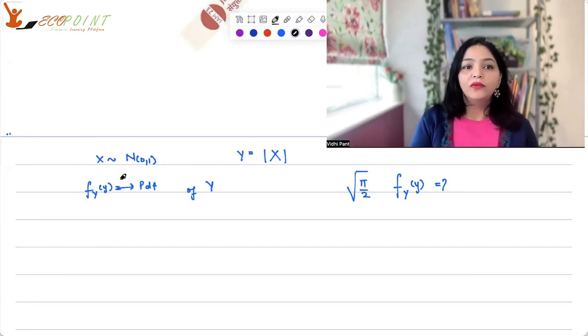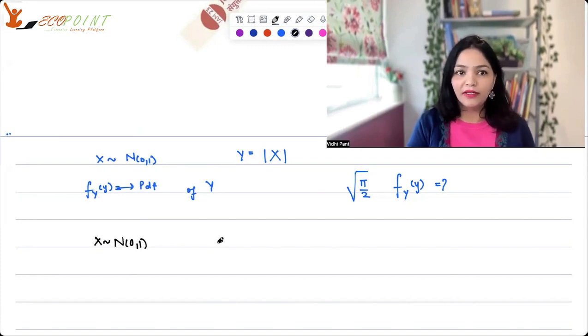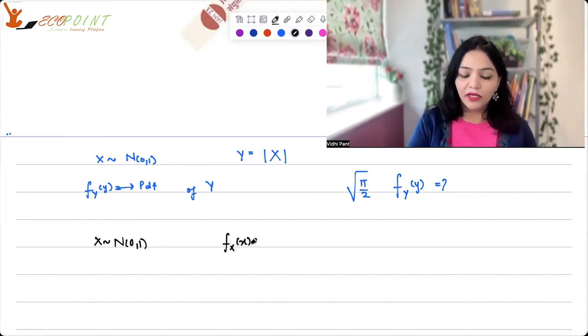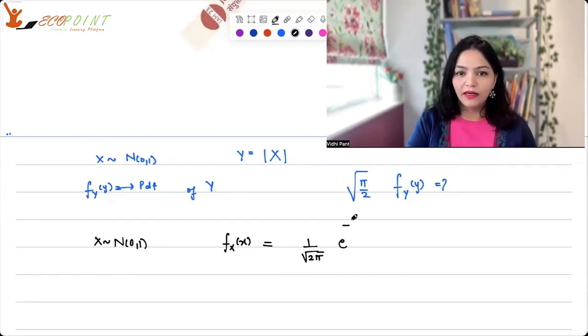Well, now X is standard normal. Therefore, the information that we have is that f_X(x), the PDF for X, is equal to 1 upon root 2 pi e to the power minus half x square, right?